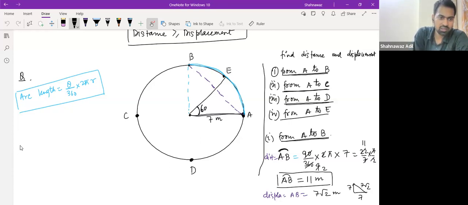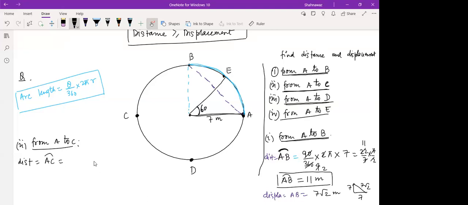So the next part is from A to C. So just quickly tell me that from A to C, what would be the distance? Sir, the arc of AC.